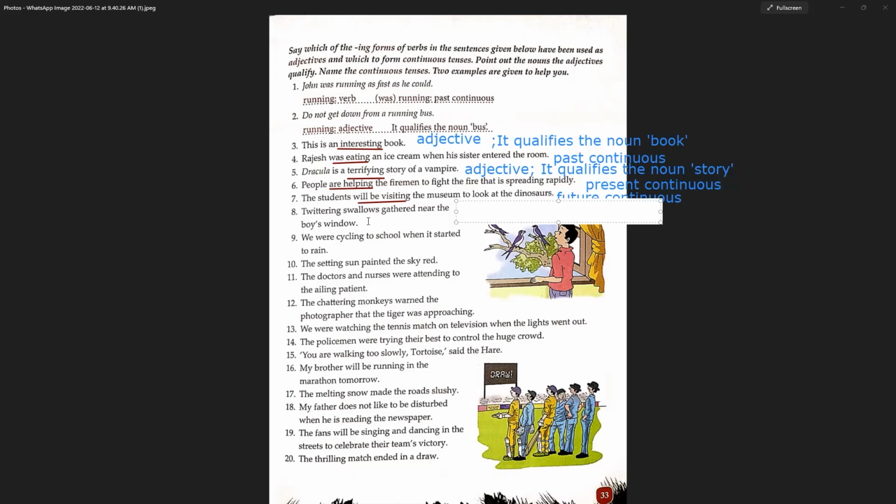Yeah, right. So what shall I underline there? Swallows. Yes, that is twittering, right? Who are swallows?